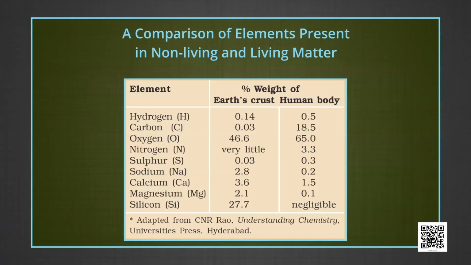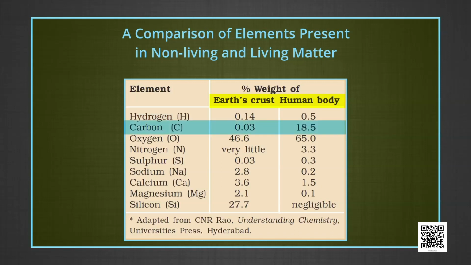Have a look at the comparison of elements present in the non-living matter and living matter. Here is a picture that depicts percentage weight of earth crust and human body. The hydrogen atom is 0.14% weight of earth crust, and in the human body it is 0.5%.